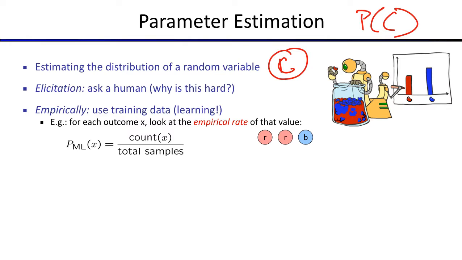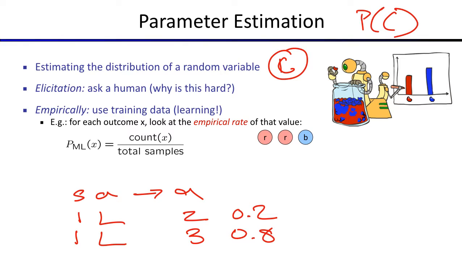If I'm in state s and take action a, I wind up in s'. For example, when I was in state 1 and I took the action go left, I wound up in state 2 0.2 of the time, and in state 3 0.8 of the time. When I was in state 2 and I took the action right, I wound up in state 1 0.7 of the time, whatever.